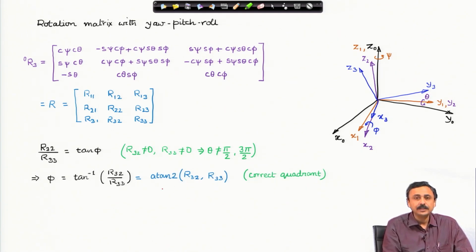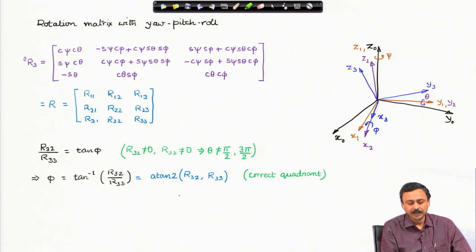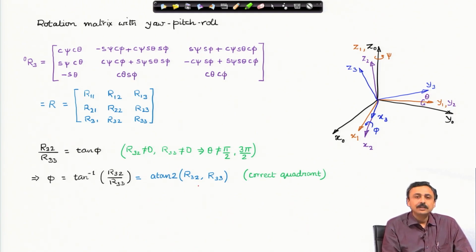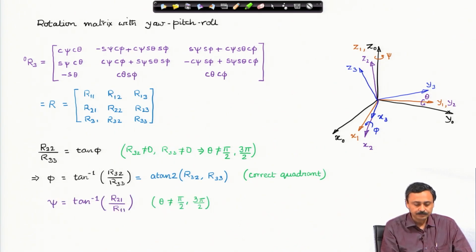You have to give atan2 the numerator comma the denominator. In some implementations it is the denominator comma the numerator that you have to check, but in a large number of programming languages it is the numerator comma the denominator, and atan2 is a standard function which gives you the correct quadrant as well. Actually it can handle even zeros.